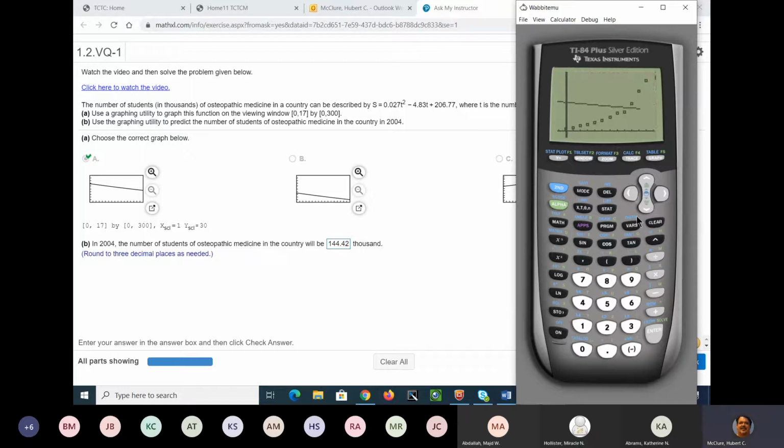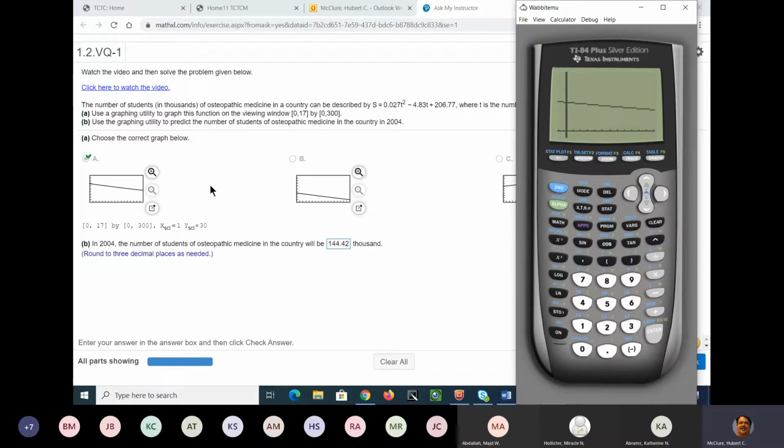I've got my stat plot turned on from another class, so let me turn it off. Second stat plot, turn off, and graph. There we go. There's what the graph looks like. Of course, it's a very wide graph, so it looks like a satellite dish.